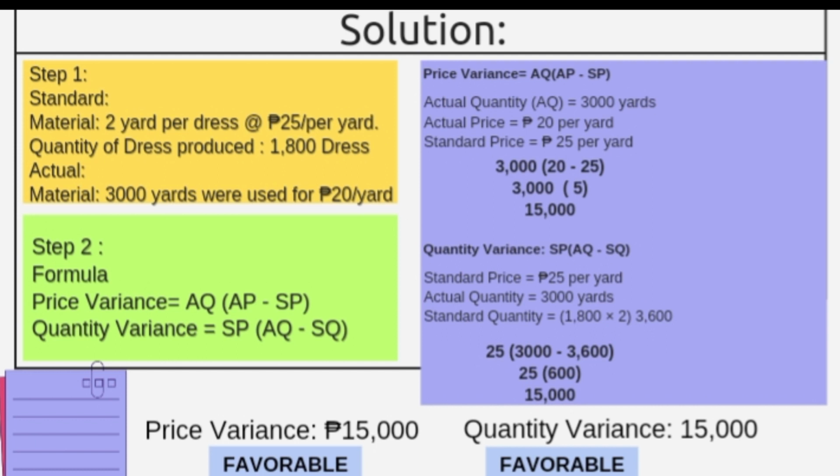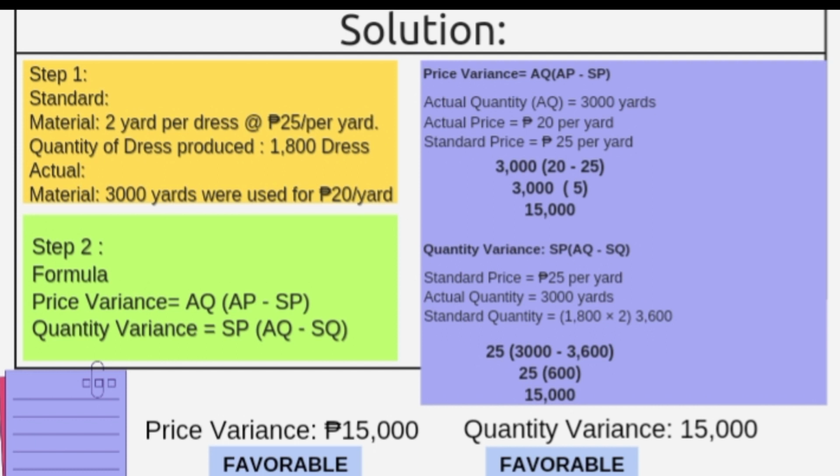For us to solve it, we need to multiply the actual dresses produced by the material per dress in the standard. So 1,800 multiplied by 2 would be 3,600, and that's our standard quantity.